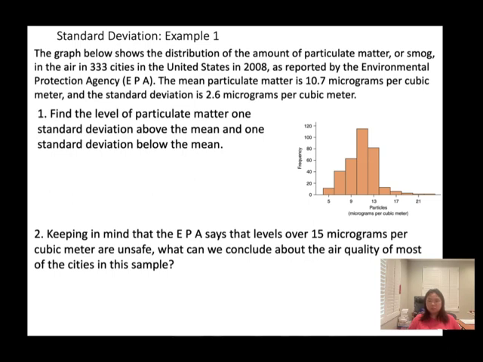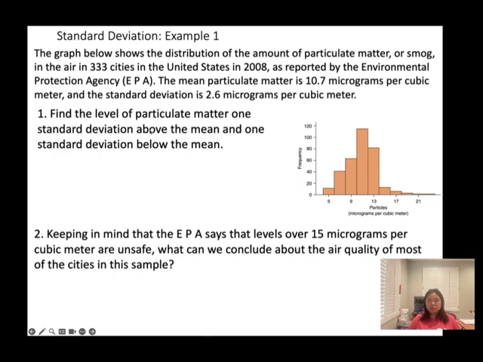The mean particulate matter is 10.7 micrograms per cubic meter, and the standard deviation is 2.6 micrograms per cubic meter. So this time they give us the mean. The mean is 10.7, somewhere like here, and the standard deviation is 2.6, which is one distance above the mean.